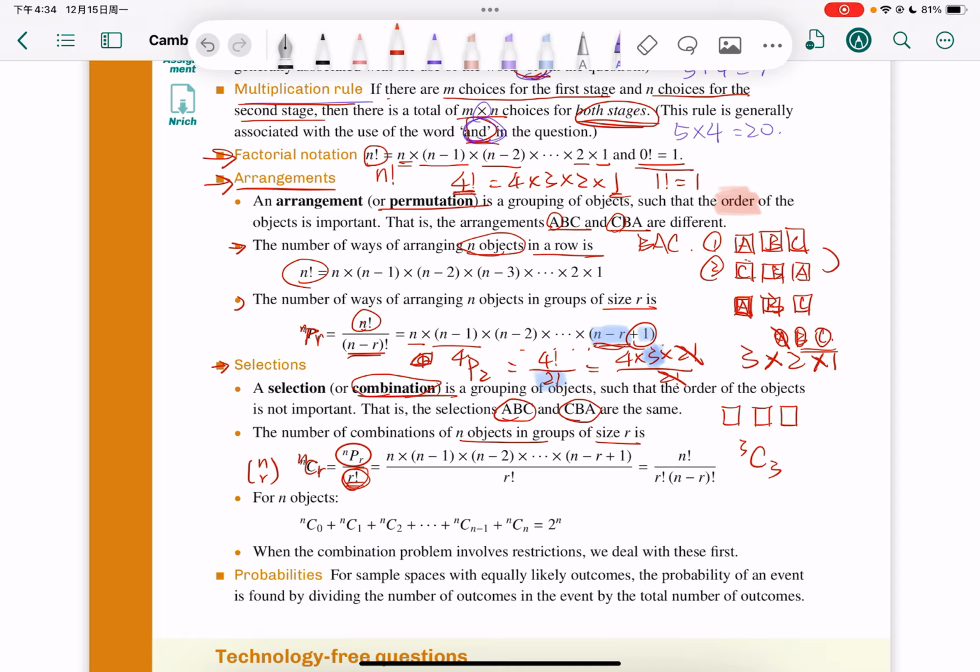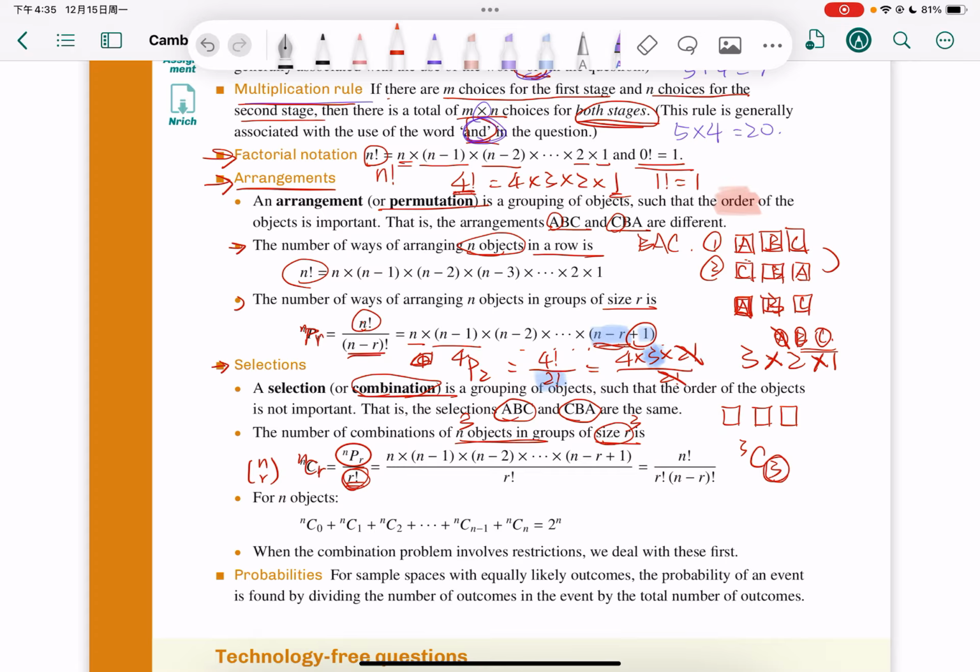If we have 3 people and 3 seats, we do not want the order, so we divide by 3 factorial, where 3 represents the number of seats.